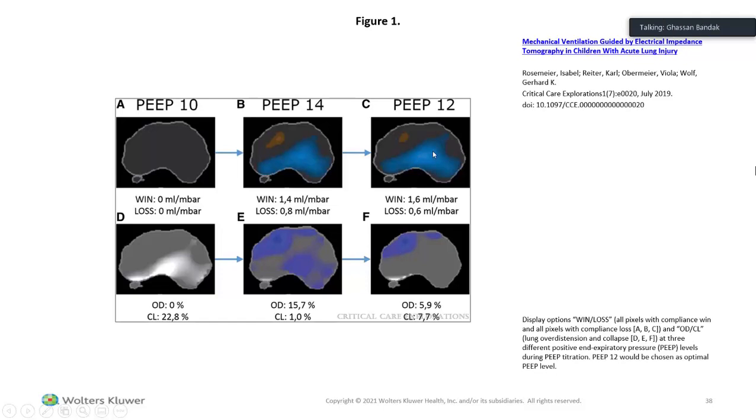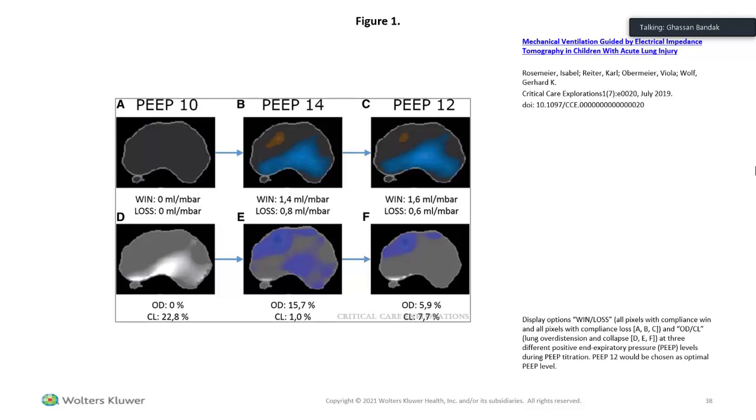Okay? So some of these vents actually will do a maneuver and give you the cross-section between overdistension and compliance and suggest that as the appropriate PEEP. The good thing about this mode is I think it may factor in more asymmetrical ARDS focality rather than what we usually use, because what we usually use treats the lung as a single unit.